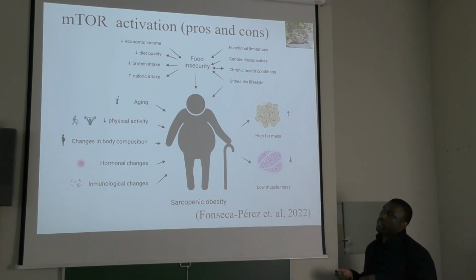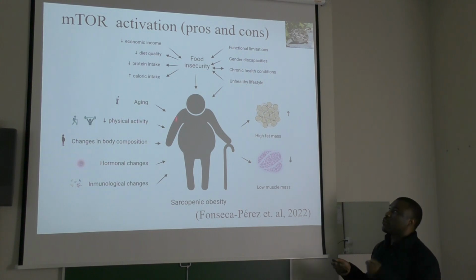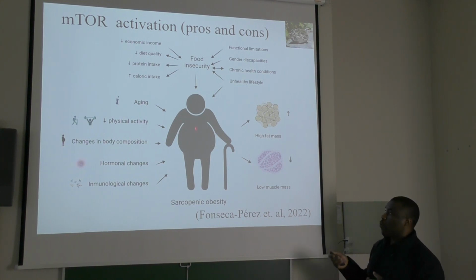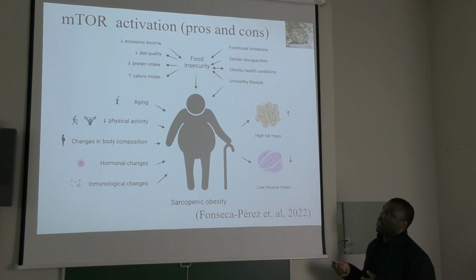Sarcopenic obesity is where you develop obesity related to energy intake, because you don't have enough proteins and no protein synthesis is going on. So you need much more protein in your body at older ages, but not at young ages. Body composition changes, the hormonal system changes, metabolic changes, you become obese.